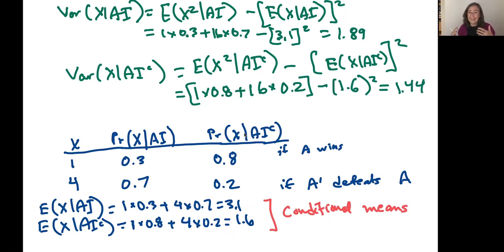So, the interpretation of these, I think, is just kind of obvious. If we're in the world of there being anti-incumbent sentiment, the expected value of the median voter is 3.1. It's pretty far to the right because of that anti-incumbent sentiment, and the variance is 1.89. If we're in the world of no anti-incumbent sentiment, our expected value is smaller.